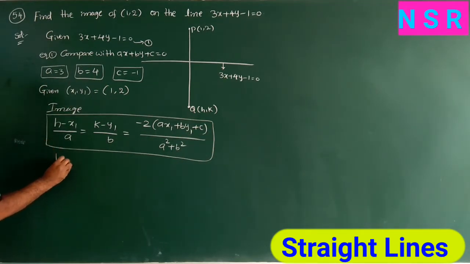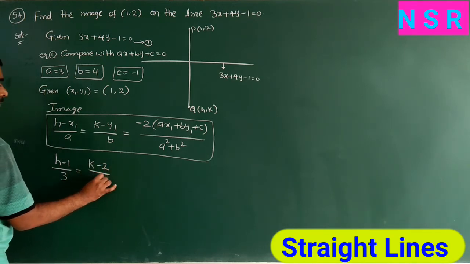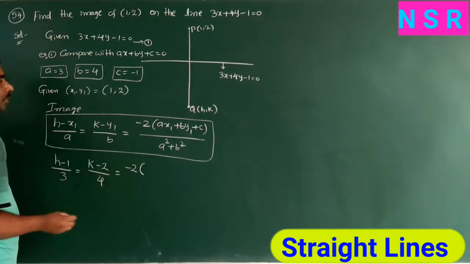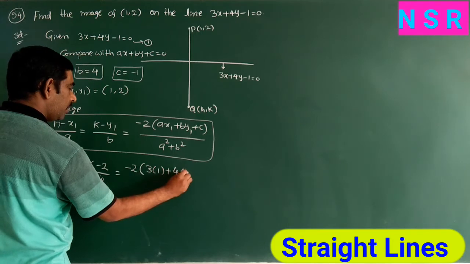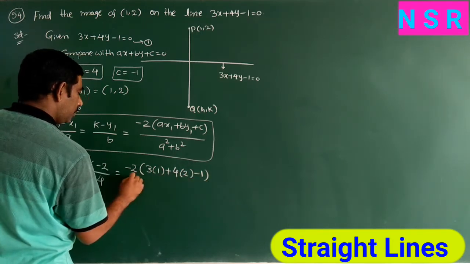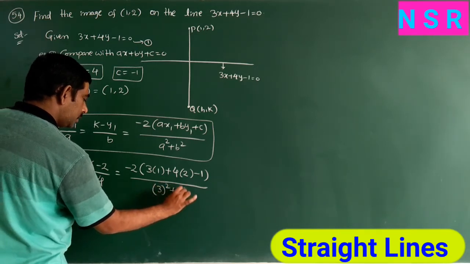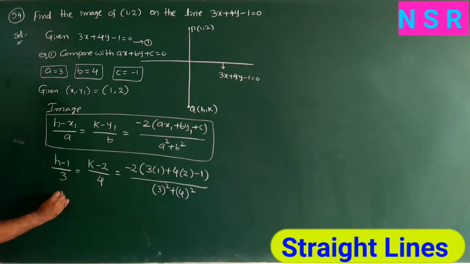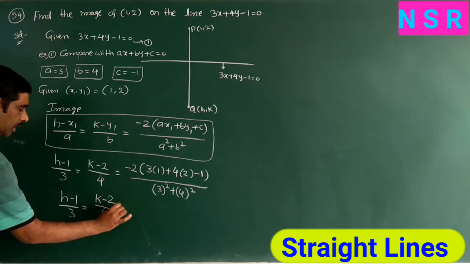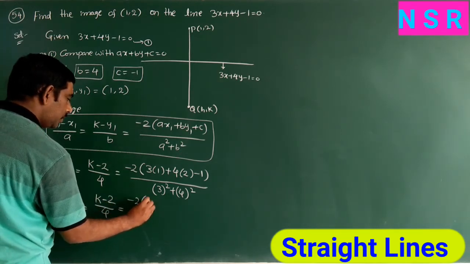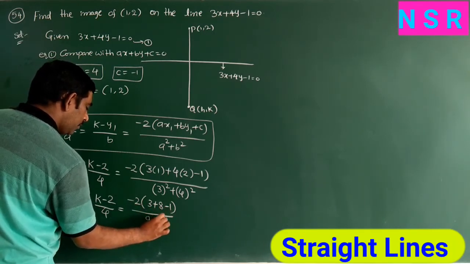Right. h minus 1 by 3, k minus 2 by 4 equal to minus 2 into (a x1: 3 into 1, plus b y1: 4 into 2, c value minus 1) by a square 3 square plus b square 4 square. So h minus 1 by 3 equal to k minus 2 by 4 equal to minus 2 into (3 plus 4 times 2 is 8, minus 1) by 3 square 9, 4 square 16.